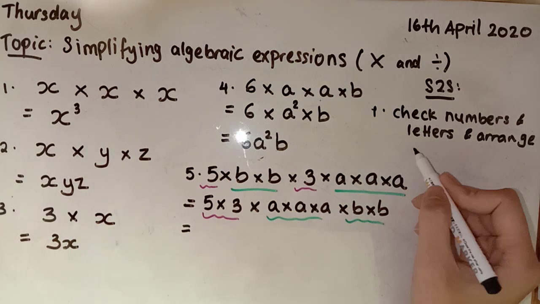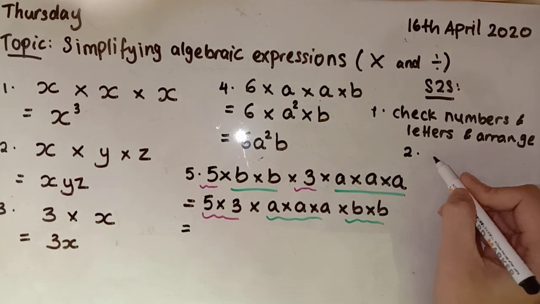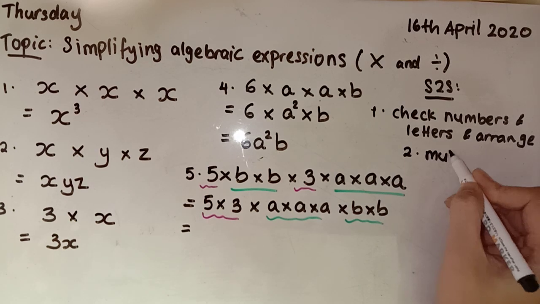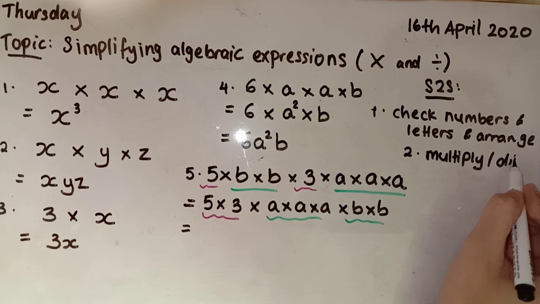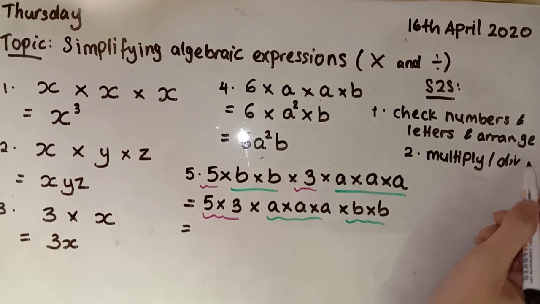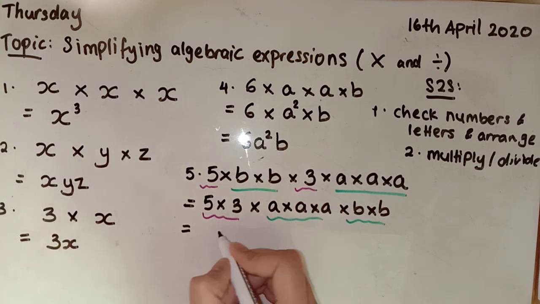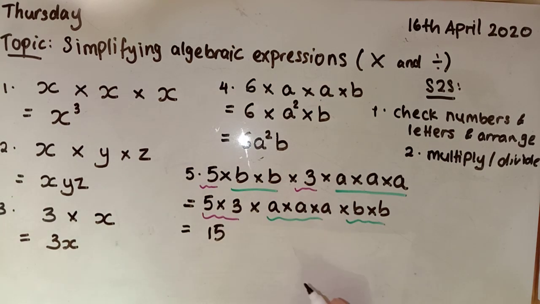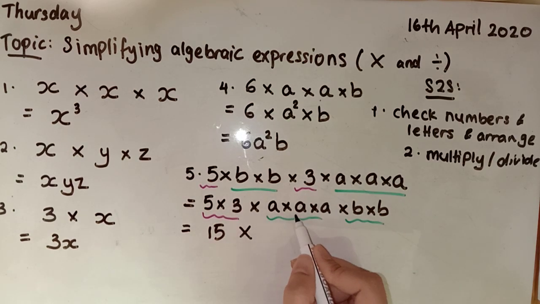So step 2. Multiply or divide. Multiply. There you go. All right. So 5 times 3. What's 5 times 3? Exactly. 15. Okay. Times. How many A? 1, 2, 3.